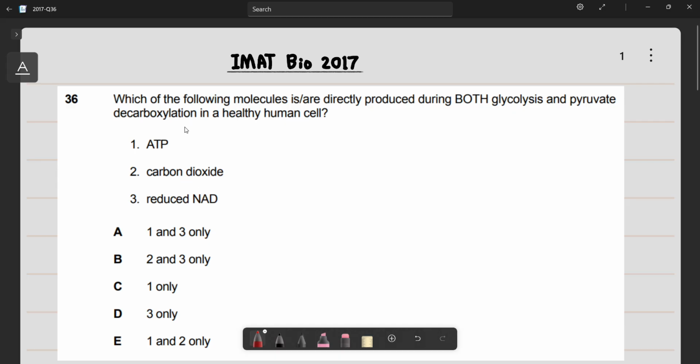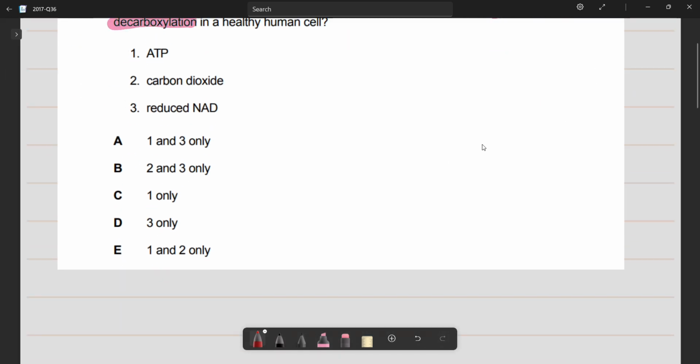Okay, so we have to figure out which of these molecules or products are common in both of these steps and both of these reactions. So these are both separate reactions, which the question mentions: glycolysis and pyruvate decarboxylation.